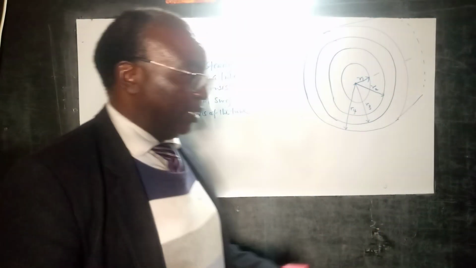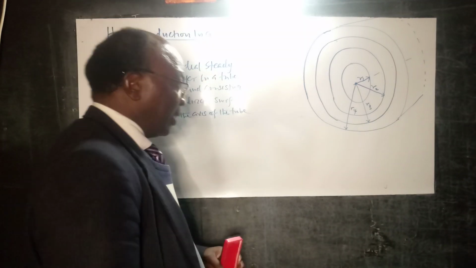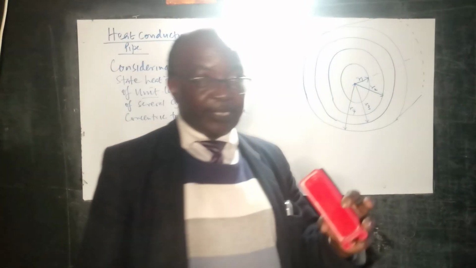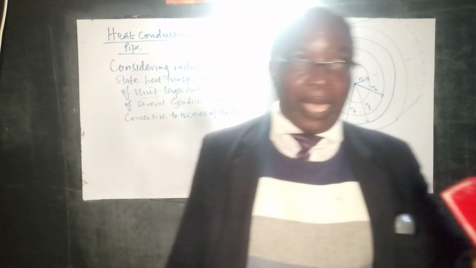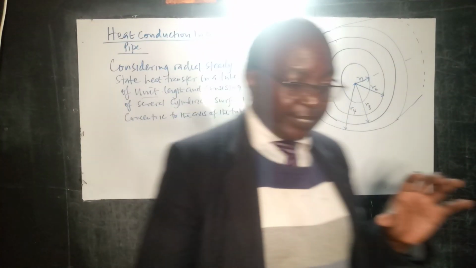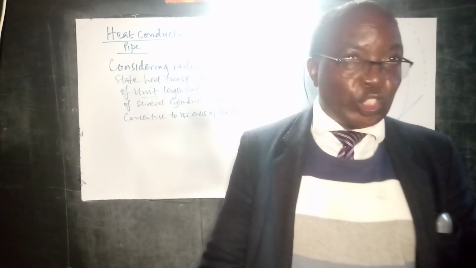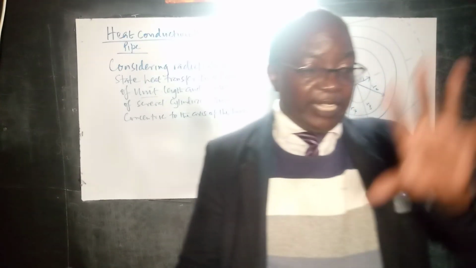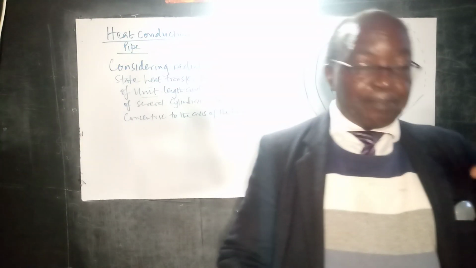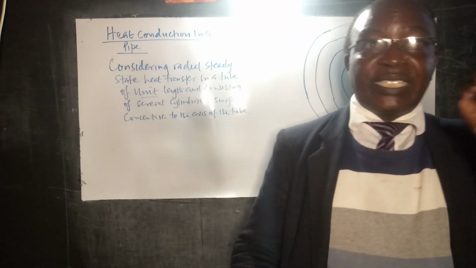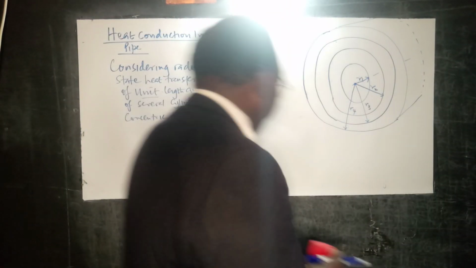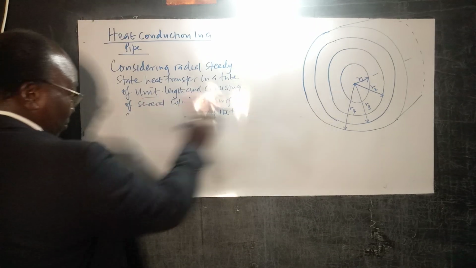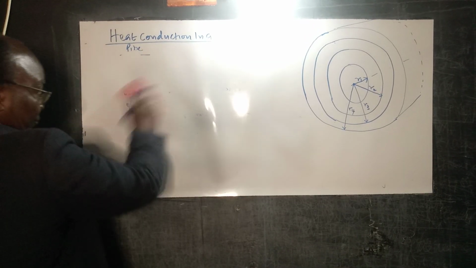And what it means, in a nutshell, is also that the rate of heat transfer is constant. And number two, we are assuming that on these cylindrical surfaces, the temperature is uniform. In the cylindrical surface itself, the temperature is uniform. In other words, the surface is isothermal. So let's just note that.